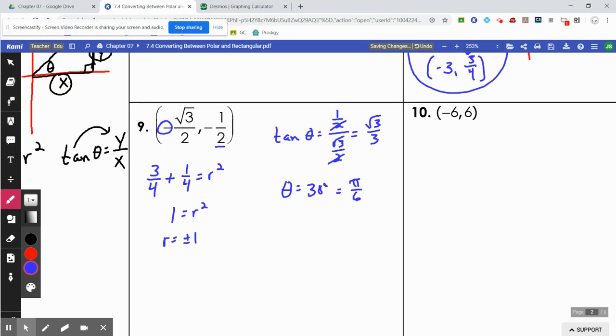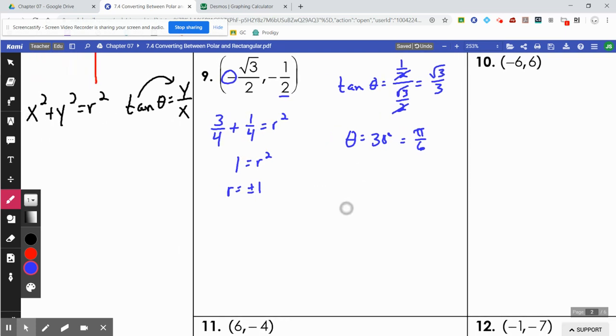However, we know again that those values are going to repeat. And pi/6, I don't know if that's going to give me the right spot. A negative and a negative, this point should be a third quadrant point. So let's always double check that we end up in the third quadrant. If we're going to use a radius of +1, look at this. A radius of +1 is going to have to rotate all the way around to here.